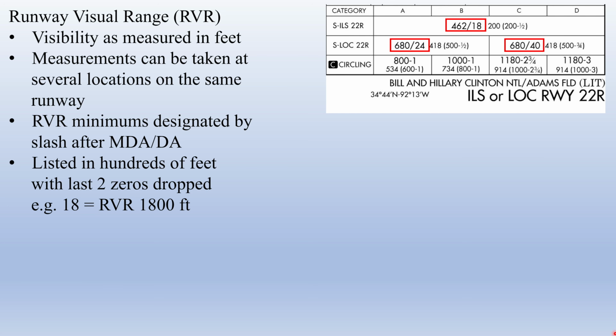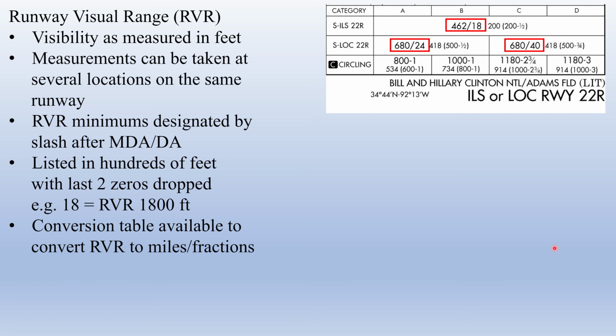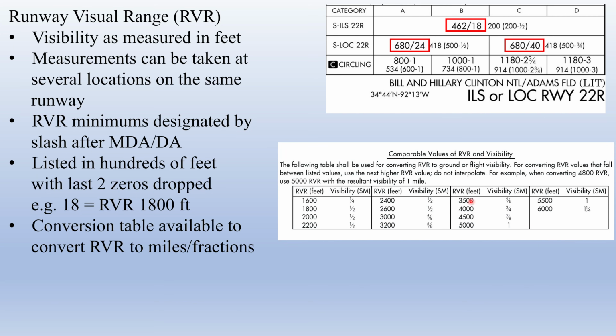Of course, Flight Simulator right now does not report any visibilities in RVR. It's all done in statute miles. So if you do have approach minimums that are listed in RVR, there is actually a conversion table to convert RVR to miles or fractions of a mile. You'll notice that there is quite a bit of rounding up and down going on in this table.